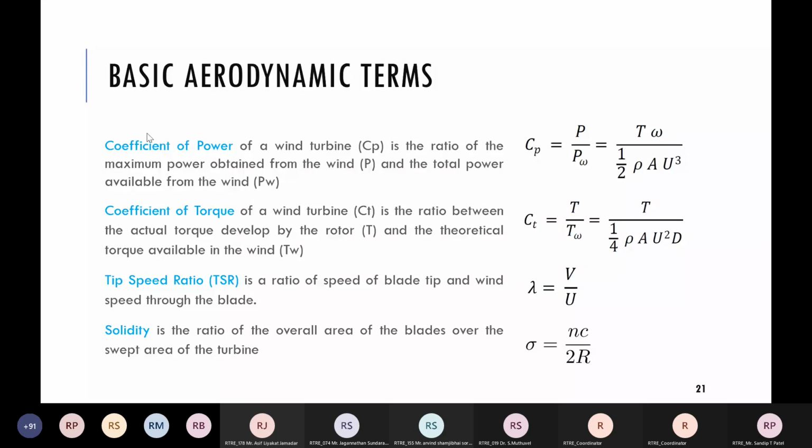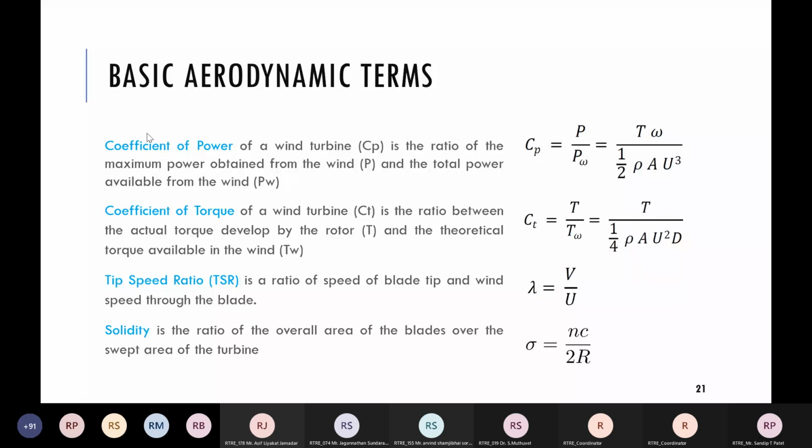First is the coefficient of power, CP. It is like the efficiency of a system, but in this case an aerodynamic system. CP is the ratio of the maximum power obtained from the wind divided by the total power available in the wind. For example, a wind turbine extracts 40 kilowatts, while the total power in that wind is 100 kilowatts.